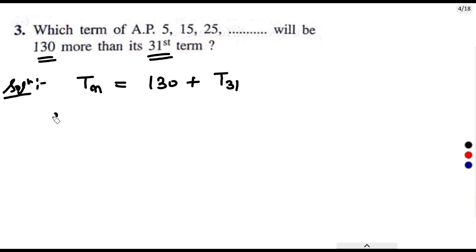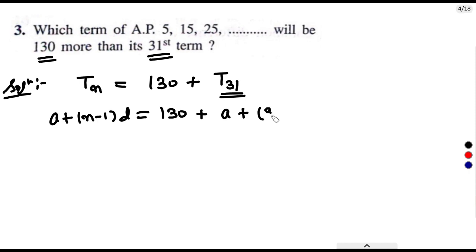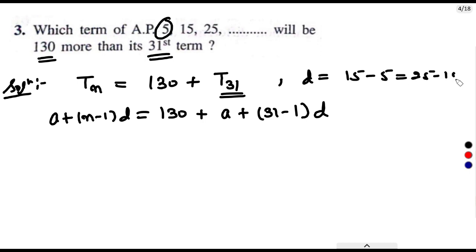Now Tn will be A plus n minus 1 into D, and according to this formula, its 31st term will be A plus 31 minus 1 into D, and A is 5 and D is 10.